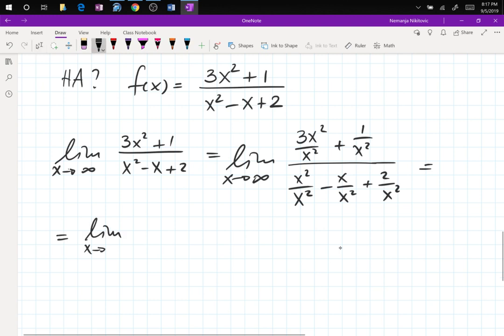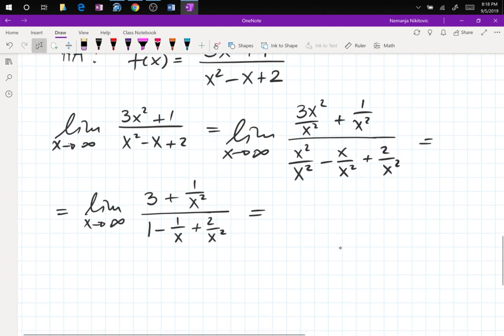So this is the method to do this when you have polynomials. This is 3 plus 1 over x squared divided by 1 minus 1 over x plus 2 over x squared. And now my question, remember the rules, we learned the limit laws. You get to apply a limit to each one of these individually.